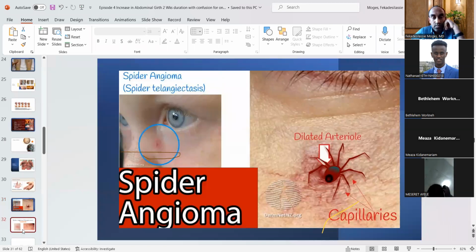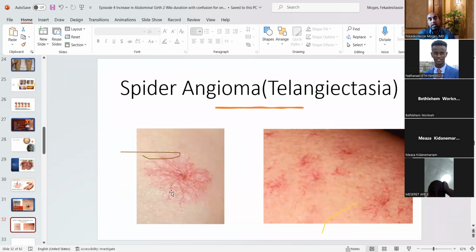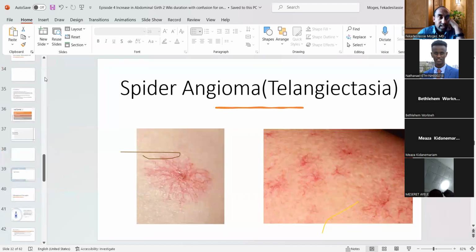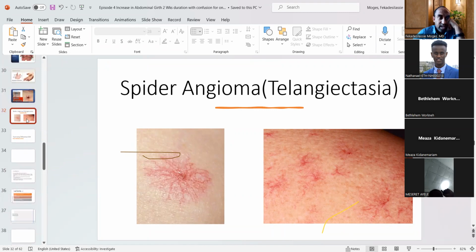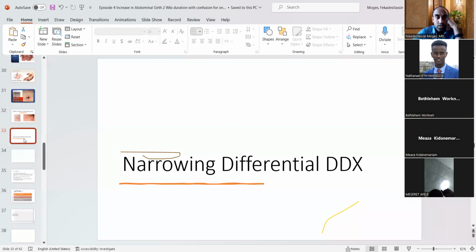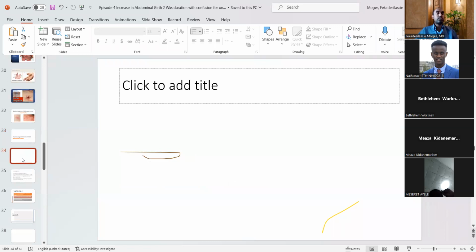You see there is the arteriole which is dilated, sitting in the center, and there are branches of capillaries going outwards. There are multiple on the trunk as you can see here. Face, trunk, and upper extremity are commonly affected. They are peripheral stigmata. I think it's present in our patient, if I remember. So let's narrow our differential diagnosis now.